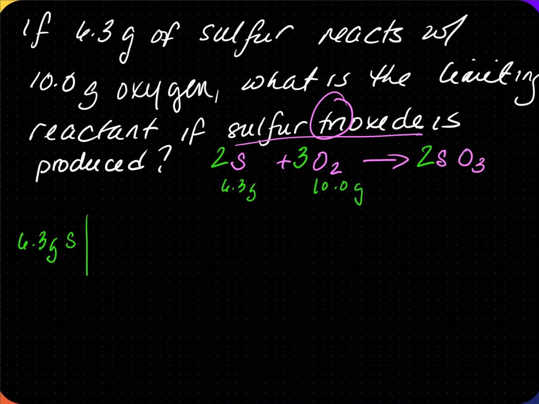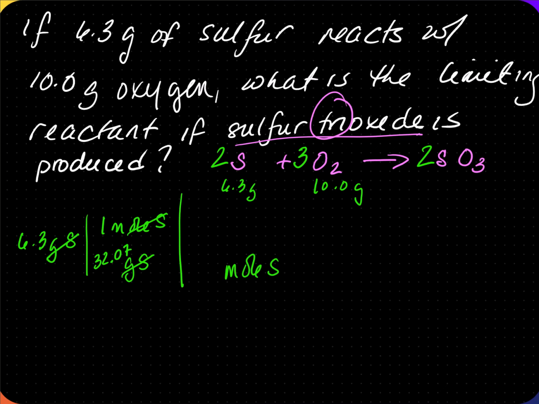Diagonals must be the same, so grams of sulfur. There's 32.07 grams of sulfur in 1 mole of sulfur. This is off the periodic table, which is molar mass. Grams of sulfur cancels out. We go to moles of sulfur.